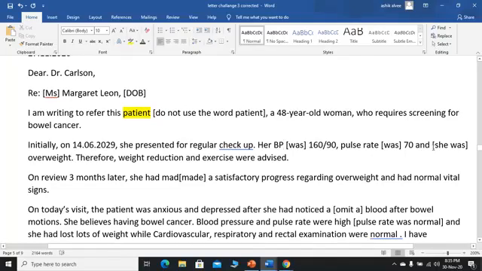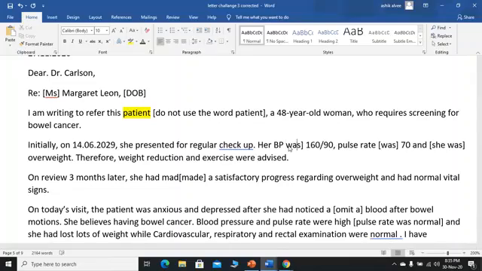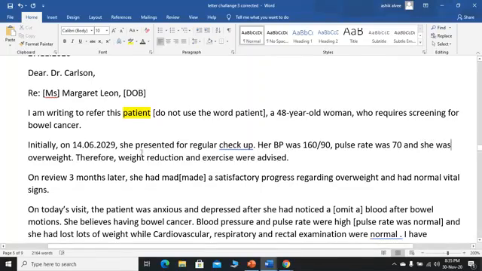The be verb is absent in the whole sentence. So her BP was 160/190, pulse rate was 70, and she was overweight. Therefore, weight reduction and exercise were advised.